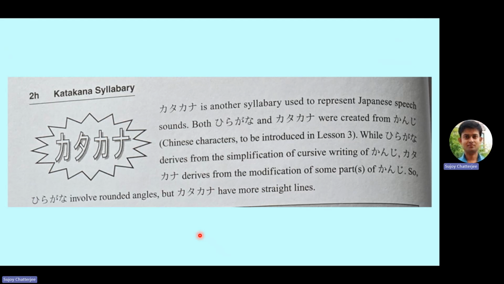And from the functionality point of view, hiragana, as we learned last time, is used to write words of Japanese origin, mainly for verb endings and some particles or some grammatical composition or some expressions or specific Japanese words. Whereas katakana is used to write words which are imported from foreign languages.